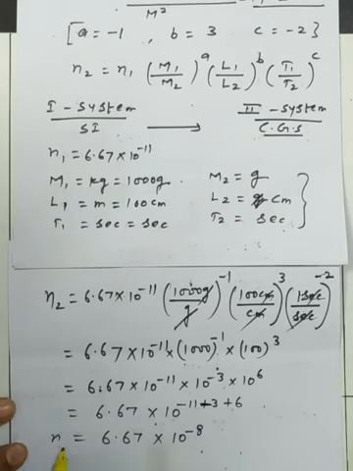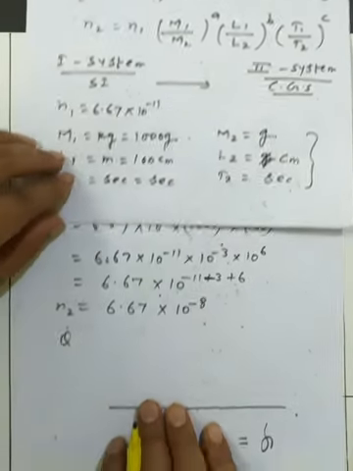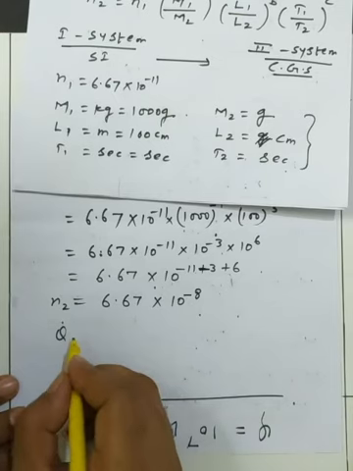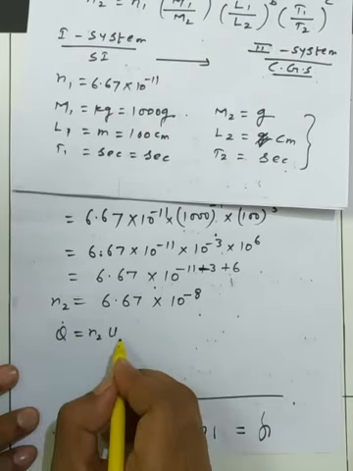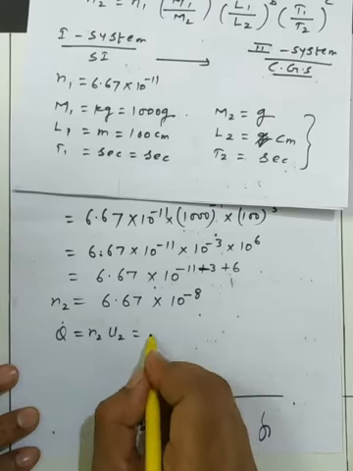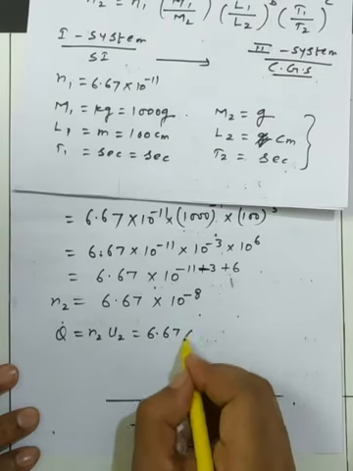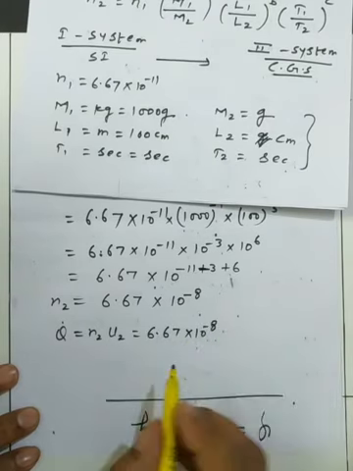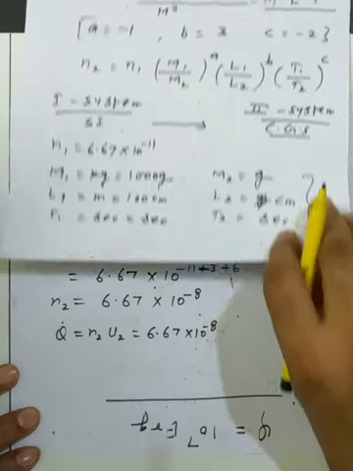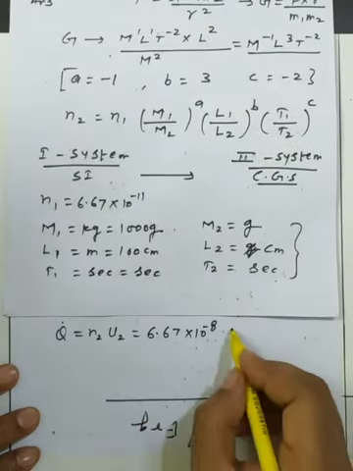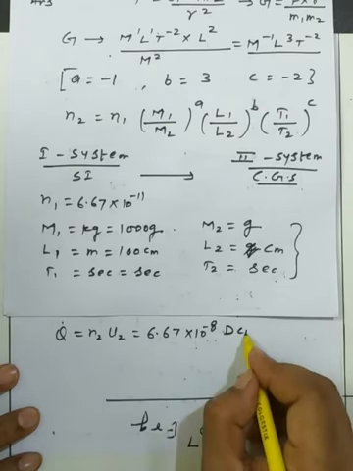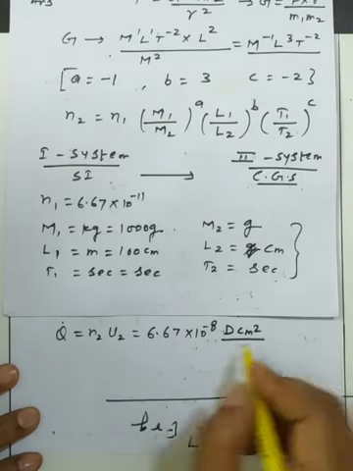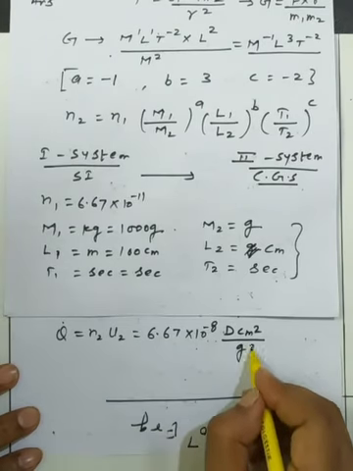And this is the magnitude, and we are representing the quantity, that is Q, with the unit. So we have got 6.67 into 10 to the power minus 8, and the unit Newton meter square per kilogram square will be converted into dyne centimeter square per gram square.